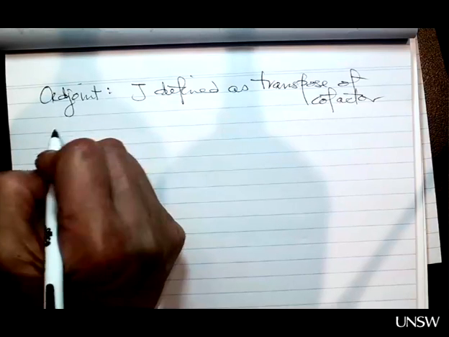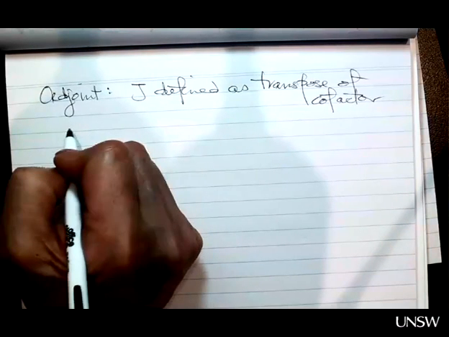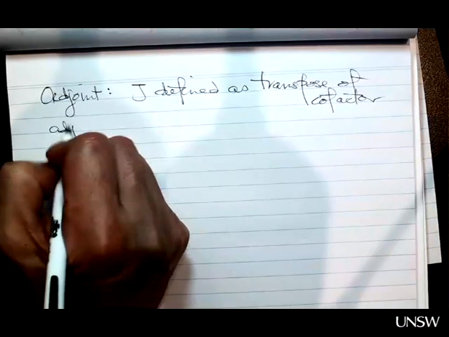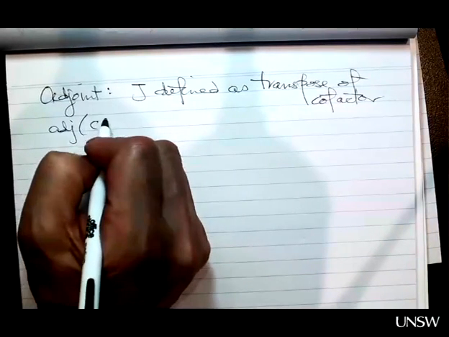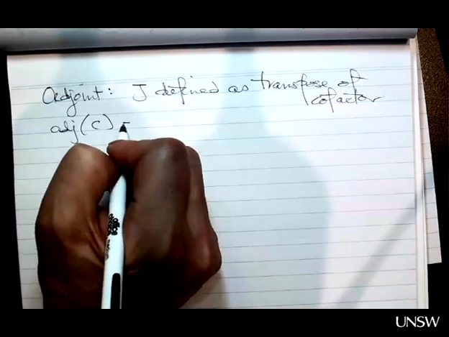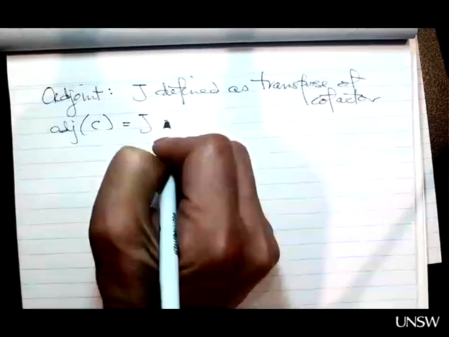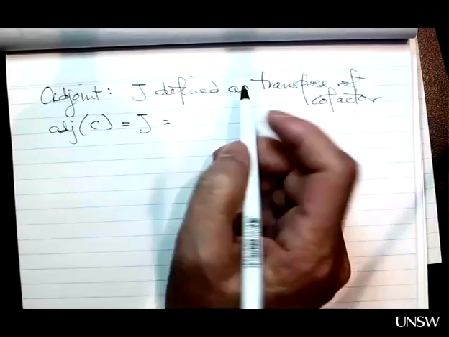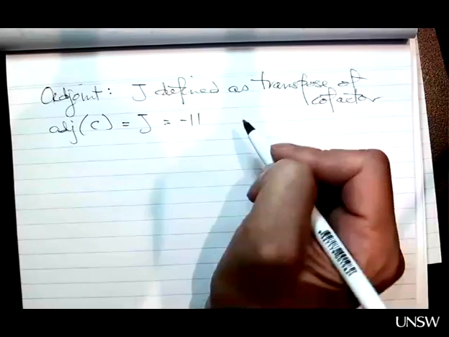So in our example, the adjoint of our cofactor matrix will become the adjoint matrix, and then we transpose.